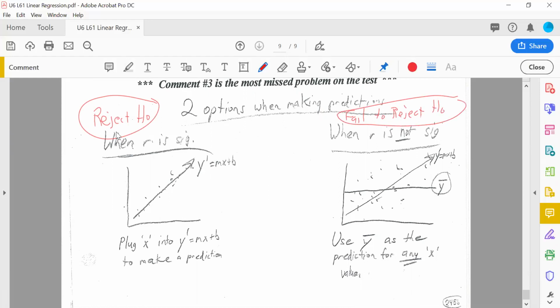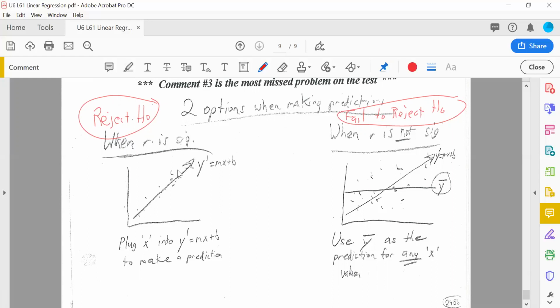If you reject H0, that means the R, the correlation coefficient, is significant. What does a scatter plot look like when the correlation coefficient is significant? It means that the points are very tightly packed to the line, very close to the line, which means that the line is a relatively good predictor of the pattern of the points. That's the whole process of rejecting H0.